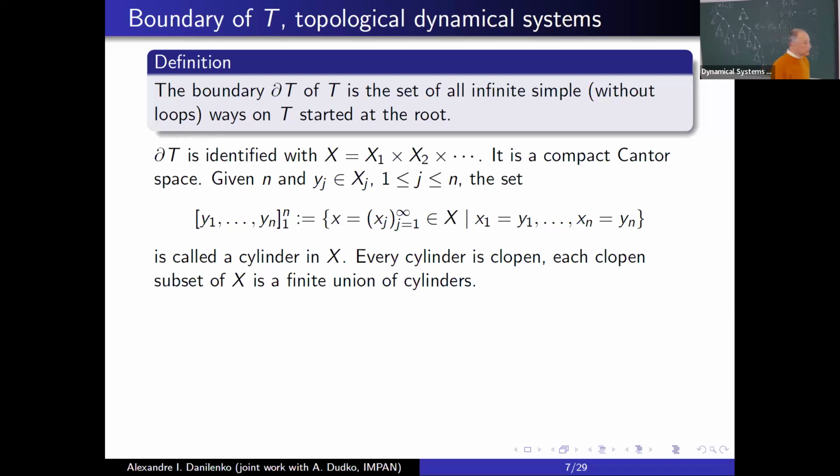Now, the definition of the boundary of the tree. This is the set of all infinite simple paths on T which start at the root. Simple means without loops. Of course, this space can be identified with the infinite product X_1, X_2, and so on. It is a compact Cantor space with the natural topology. Here we define cylinders in the natural way. Every cylinder is clopen, and every clopen subset is a finite union of cylinders.